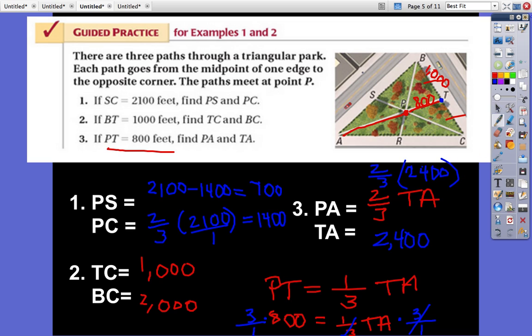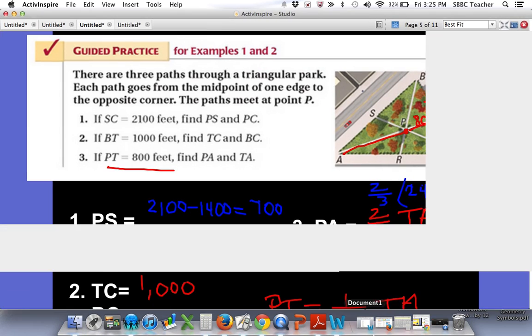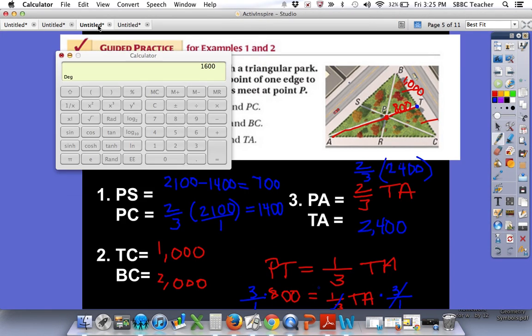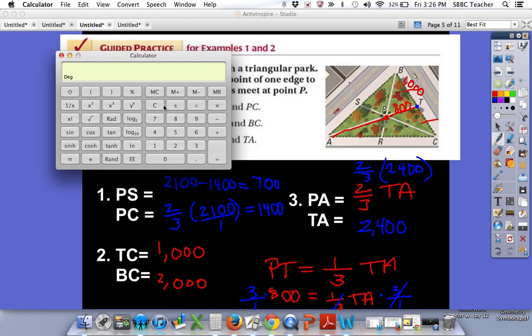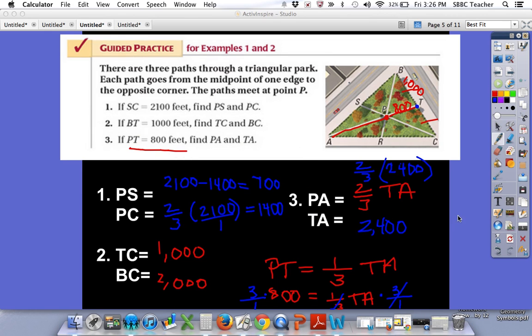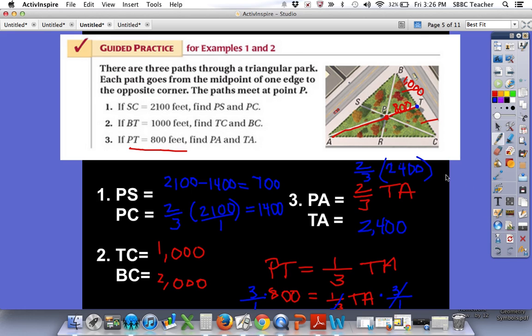We can put that into the calculator. 2,400 times 2 divided by 3 gives us 1,600. So PA is 1,600.